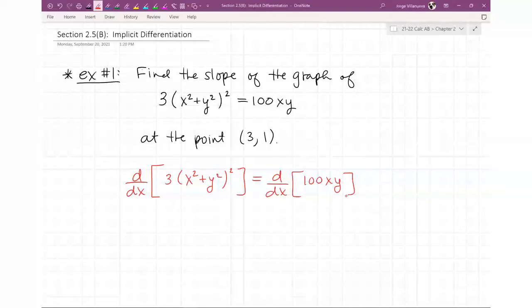Okay? So that 3 in the front on the left side can be factored out. The 100 on the right side can be factored out. So let's go ahead and do that. So 3 d dx of x squared plus y squared quantity squared is equal to 100 d dx of x times y.